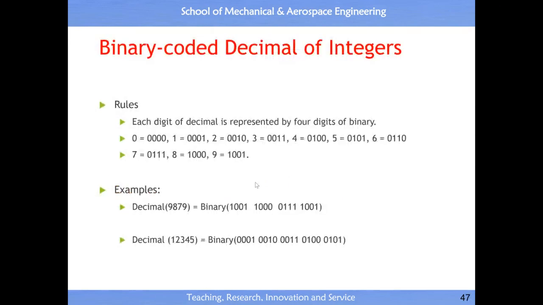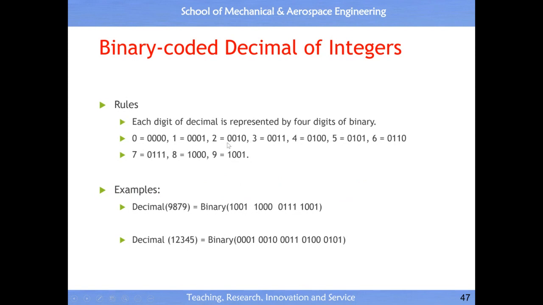So in general, we can use binary coded decimal to represent integers. From a previous slide, for example, we can use 0000 to represent 0, 0001 to represent 1, and so on.